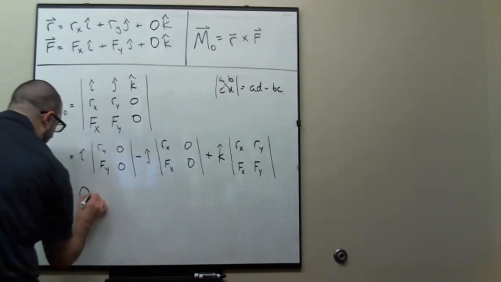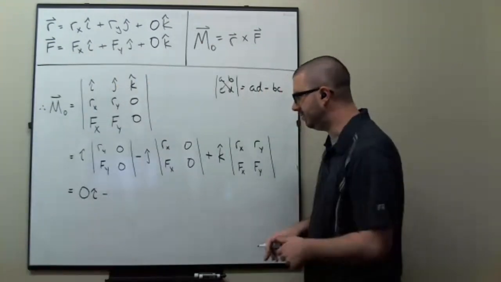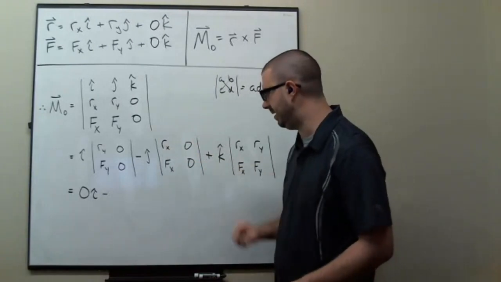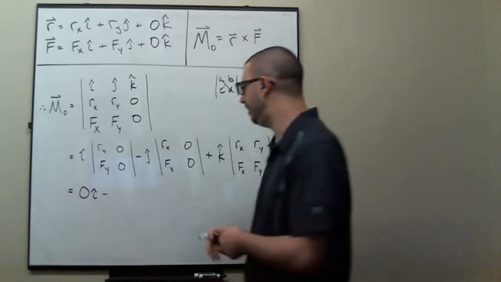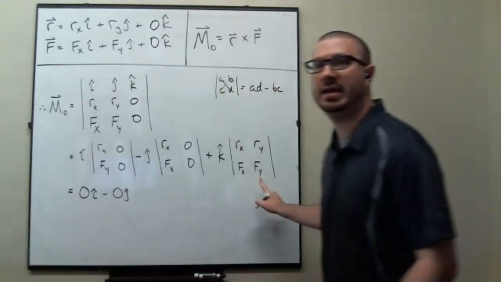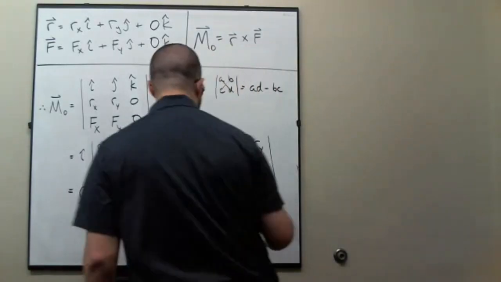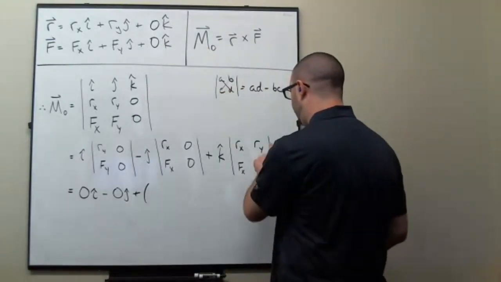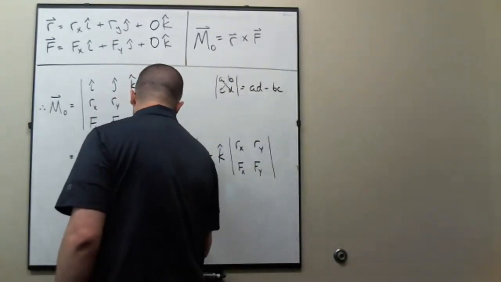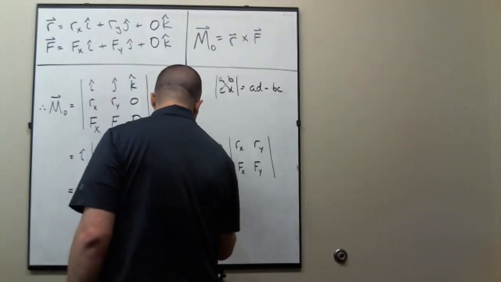So this is just 0i minus, what about this? This times this minus that times that. That's 0. So minus 0j. But here I actually get a term. I get plus, and what do I get? I get Rx Fy minus Ry Fx.